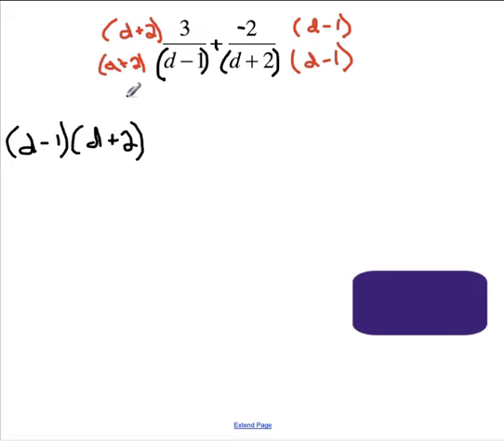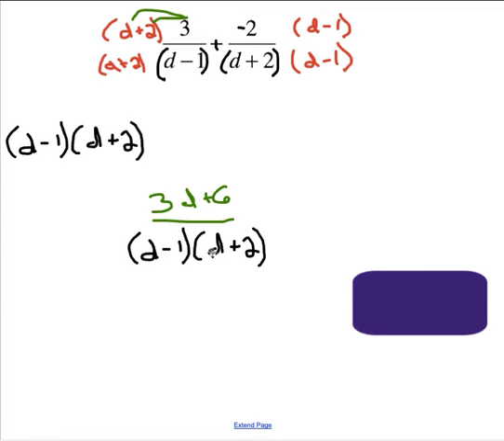So let's look over here. If I take the 3 and distribute it to these two terms in this binomial, I get 3d plus 6 over d minus 1 times d plus 2.